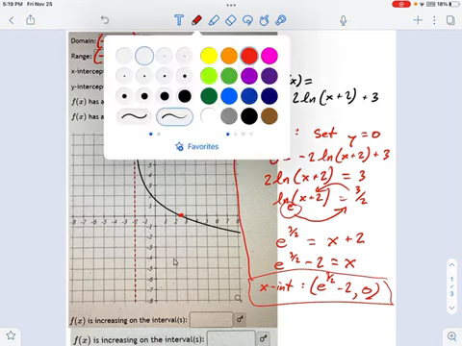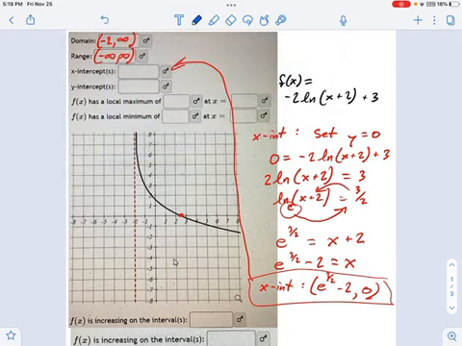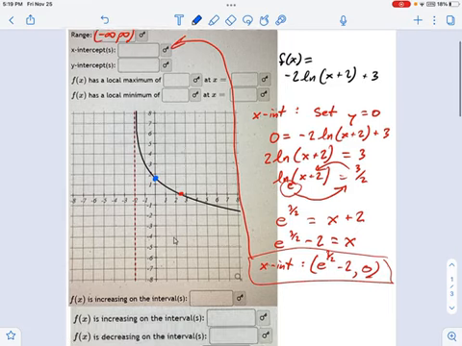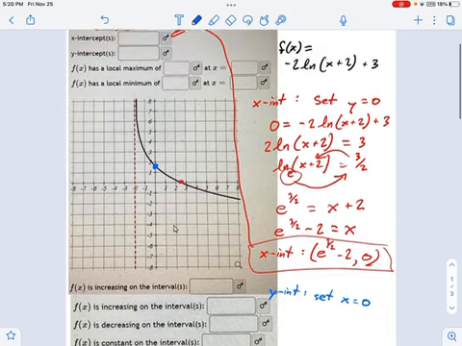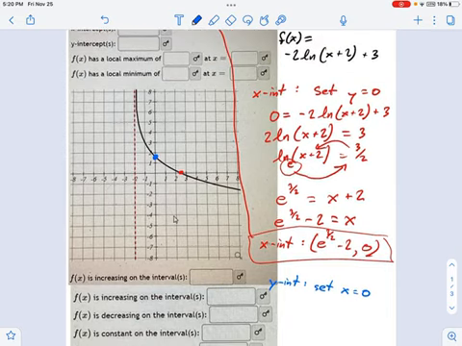Now the y-intercept, same exact method. I'll just point out that the y-intercept is where x equals 0. So for this guy, our method is set x equals 0 and solve this equation. Now what was my equation here? It was y equals -2 times the natural log of (x plus 2), where x is 0, plus 3.